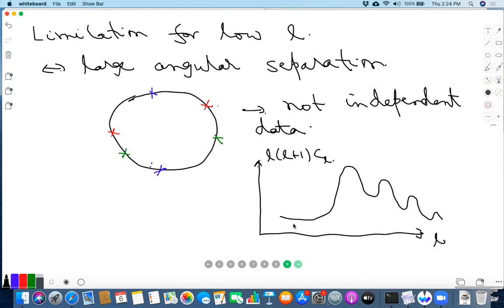So this is the low L region. And if you look at the actual data, you will find that it's always drawn with a width, which is this one intrinsic ambiguity, and this is what is called the cosmic variance.